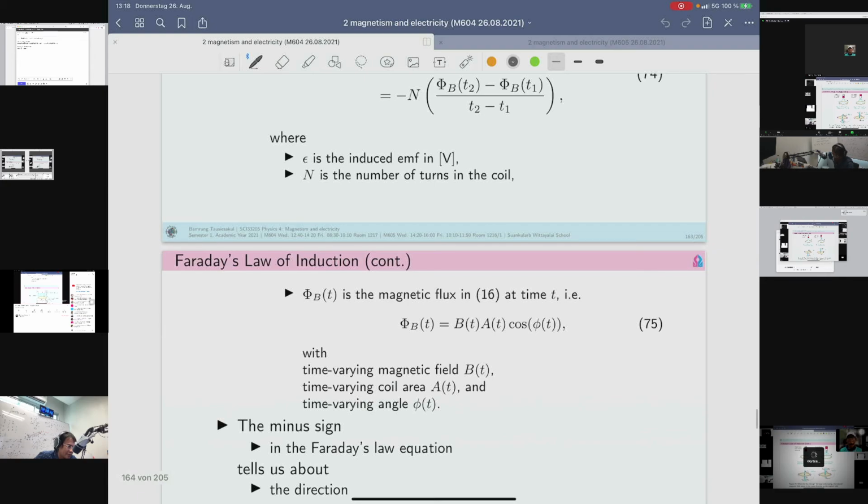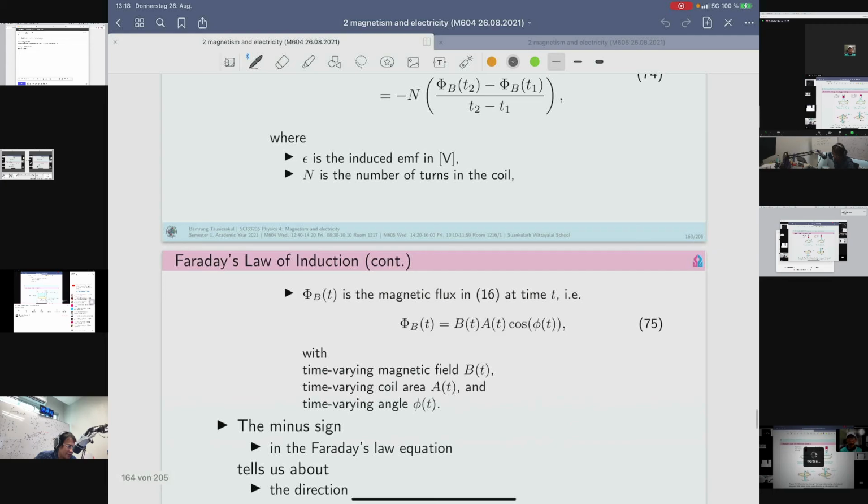You can see here the direction: the green one is the normal vector for the area of this conductor, and the blue one is the magnetic field direction, the B vector and the N vector. So the angle between these two vectors is 0 degrees, so we can substitute 0 here, and cosine of 0 is 1. B changes with time, but the area doesn't change.